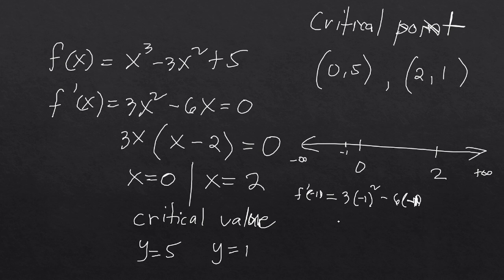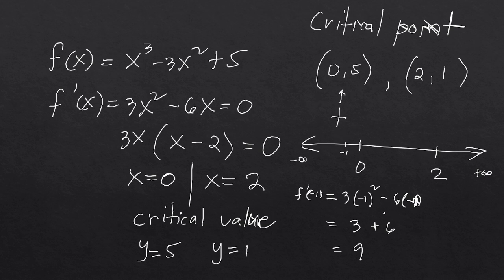Here negative 1 squared becomes positive 1, so it's a 3. Negative times negative is positive 6. So obviously, this is a positive 9, so it's positive here. By the way, if this testing point is positive in the first derivative, then your function in this interval is increasing.